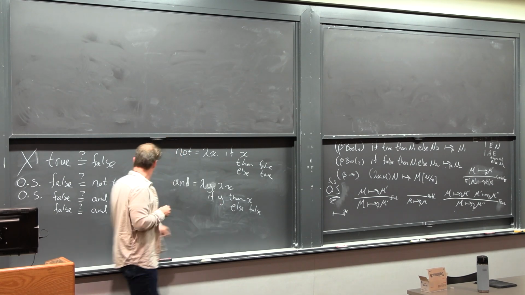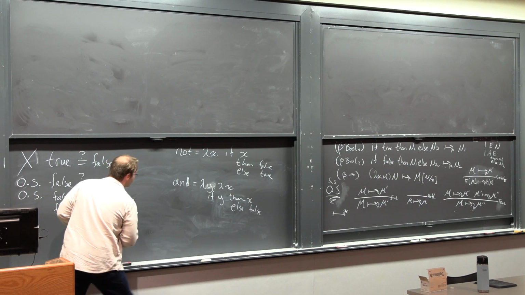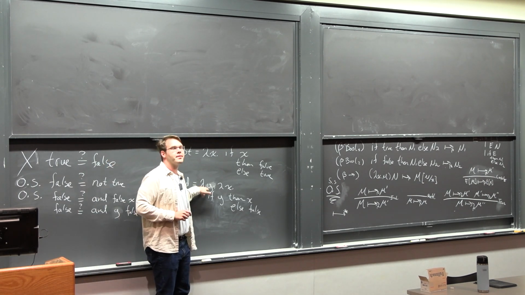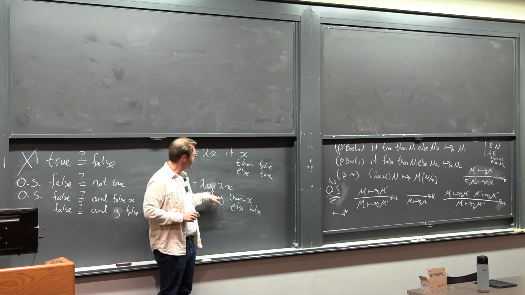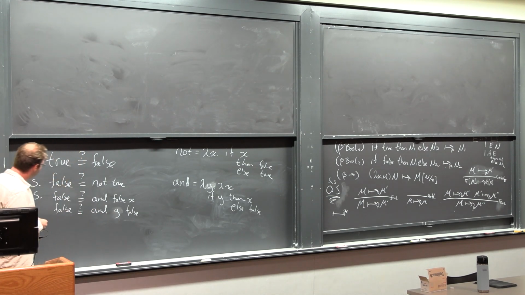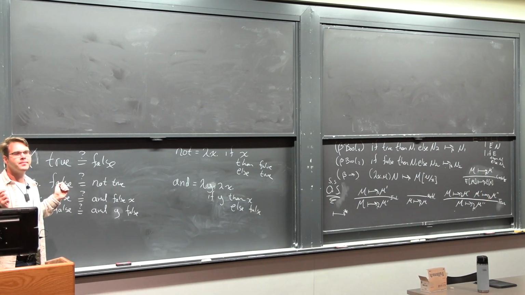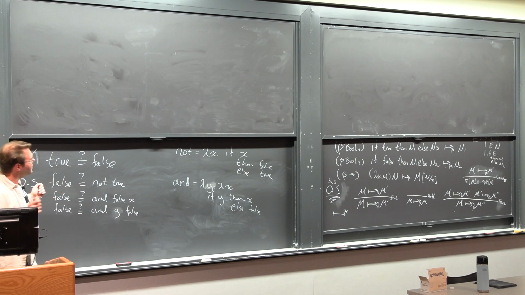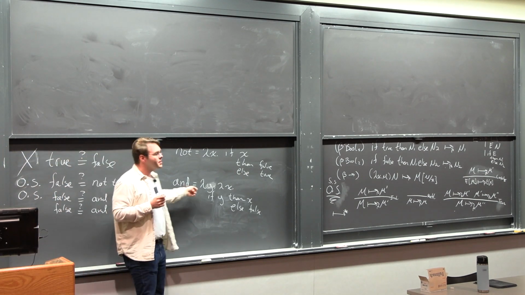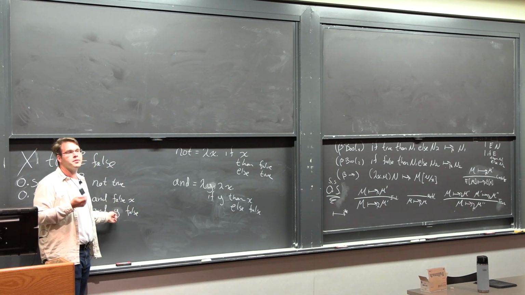Let me just call it y for consistency to make it easier. When I plug in y for y, so we're not doing weird renaming shenanigans, I have to know is y true or false, right? So the operational semantics is not enough to deal with that. But morally speaking, should they be equal? What do I mean by that? Well, if I'm going to be type checking these things, then what could y be at the end of the day?